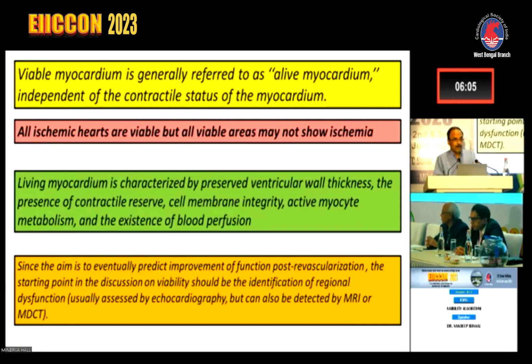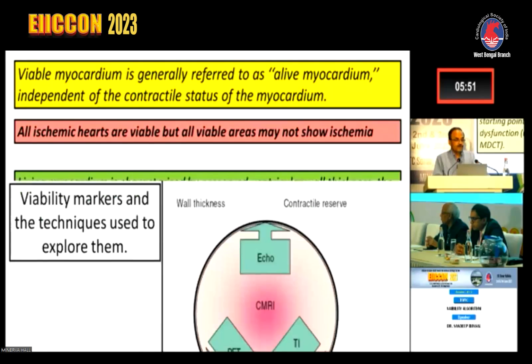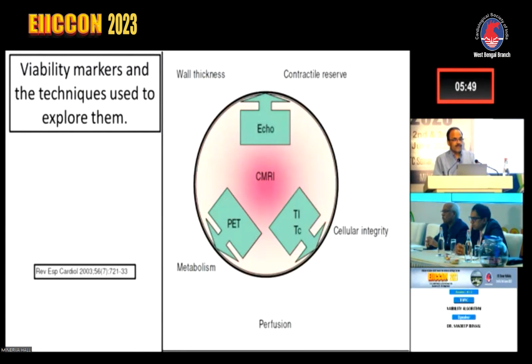Now, all this is theoretical. The main importance of viability is whether the functioning of the heart is going to improve once the flow is normalized or not. So as I said, the tests for viability take into account all these features highlighted in this slide. That is, there has to be some minimum amount of wall thickness of the myocardium.